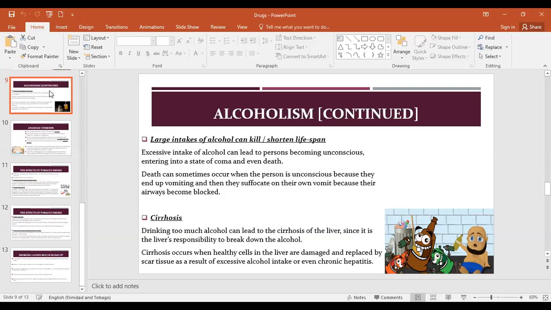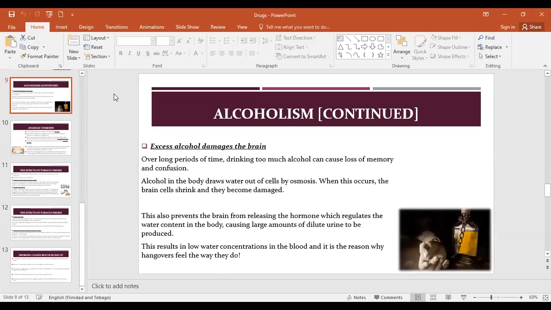Not only that, but it also damages your brain, because the alcohol draws out water from your cells. That is why you always feel so dehydrated, and when you are going through a hangover, you feel the way that you feel because your body is dehydrated, and that is why you will crave water.